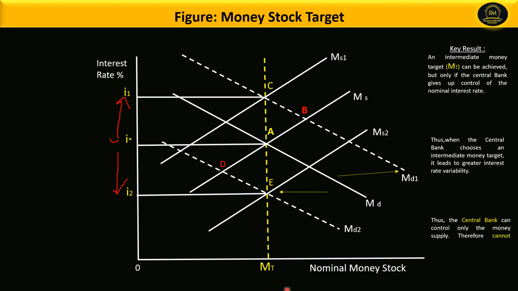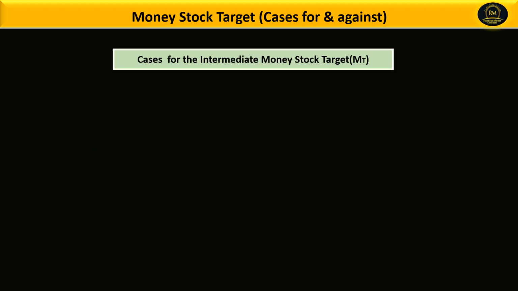So from this, it is clear that the central bank can only control the money supply. It is very difficult for the monetary authority or central bank to manage both the money stock target and the interest rate target simultaneously. Now let us find out the cases for and against the intermediate money stock target.